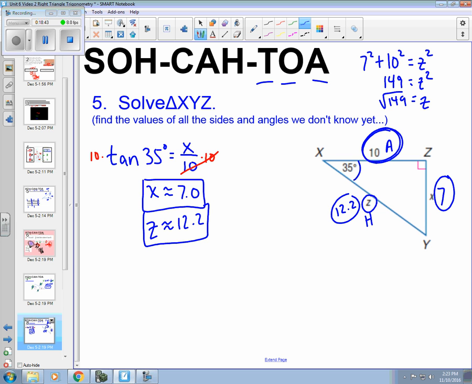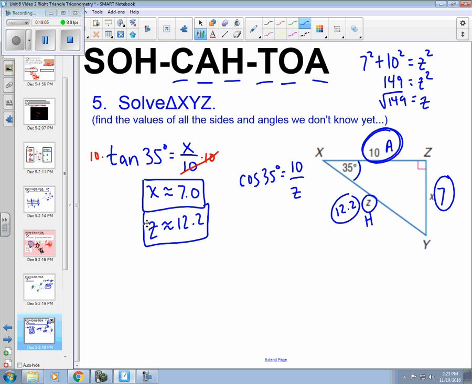That would be a and h, the adjacent side and hypotenuse. A and h go with cosine. So we could get the same thing by setting up a cosine problem. Cosine 35 degrees equals adjacent, which is 10, over our hypotenuse, which is z. If we solve that out, that should give us 12.2 as well.